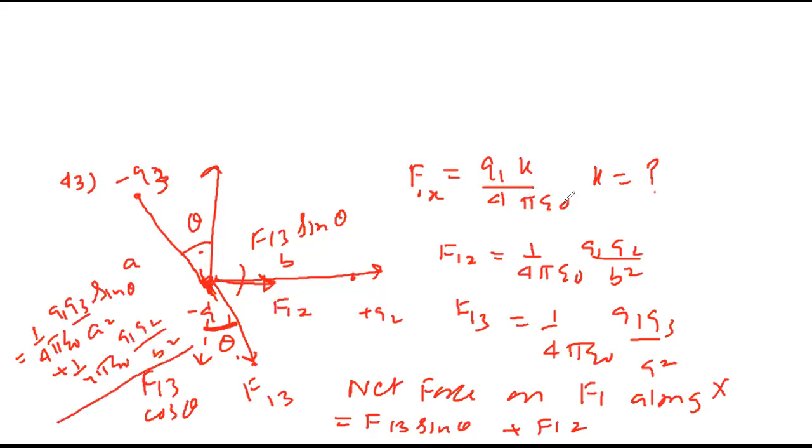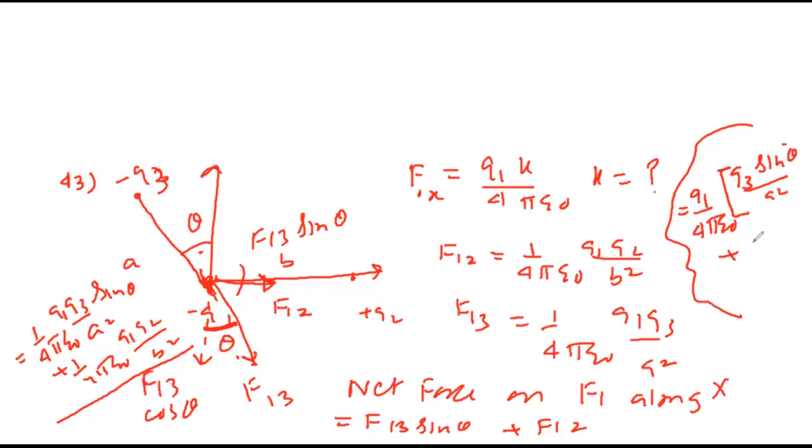Taking Q1 upon 4 pi epsilon naught common, that is nothing but Q1 upon 4 pi epsilon naught in bracket Q3 sin theta upon A square plus Q2 upon B square. Check, do we have this option anywhere? Q3 upon A square sin theta, Q2 upon B square, option B.